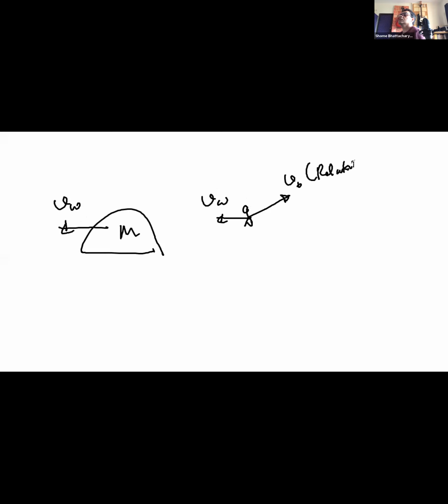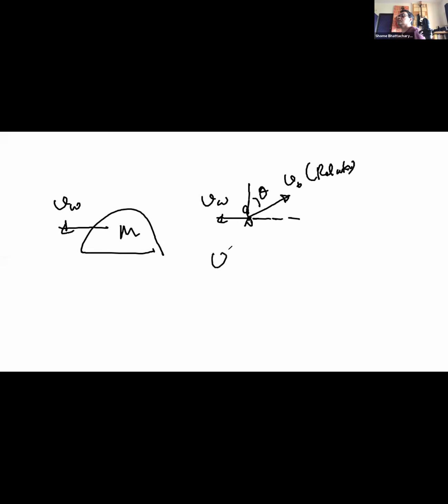Now coming to the momentum picture, the wedge has a momentum backwards like this, VW, and its mass is M. Whereas the person has a momentum which will be the vector sum of this V0 and this VW, because V0 is relative. If we had assumed that the person climbed to an angle theta, then this angle would be theta.